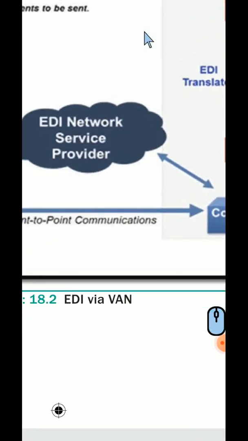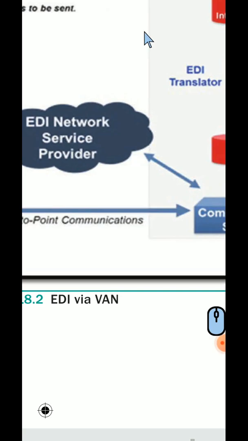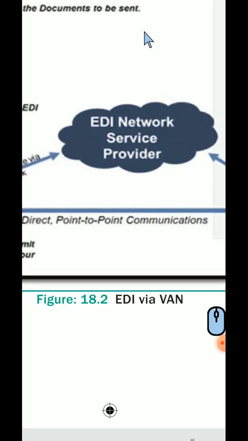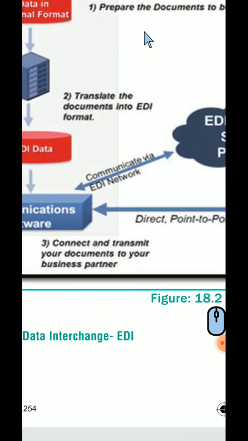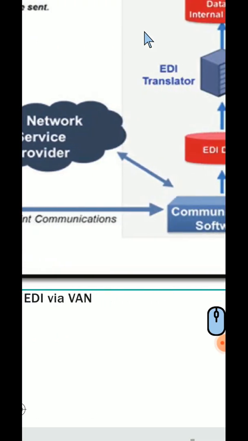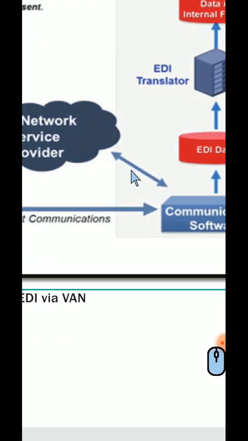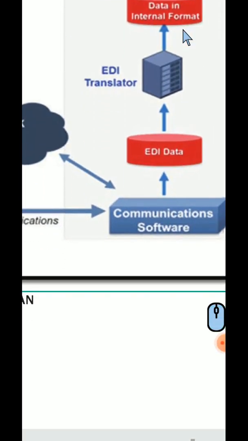So the EDI network service provider connects and transmits your document to the business partner, and by using the communication software we have this EDI data translated, and at last it is received by the receiving company.